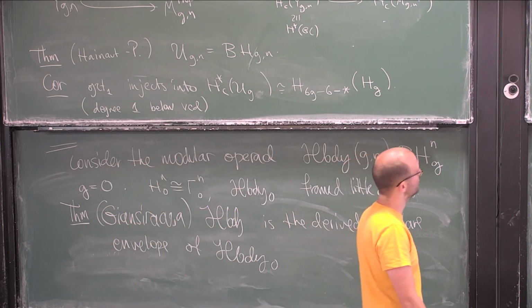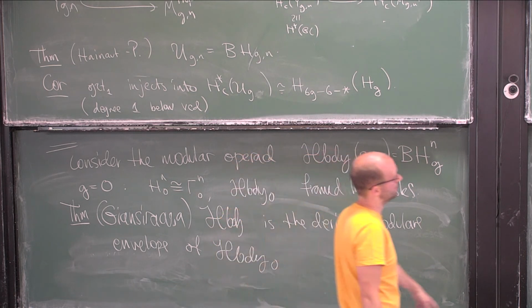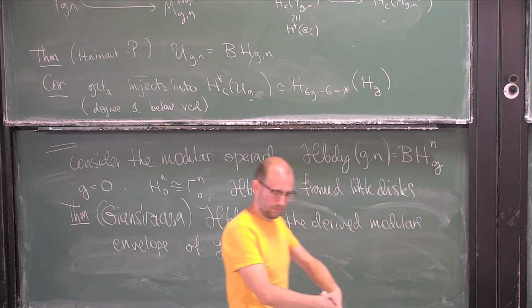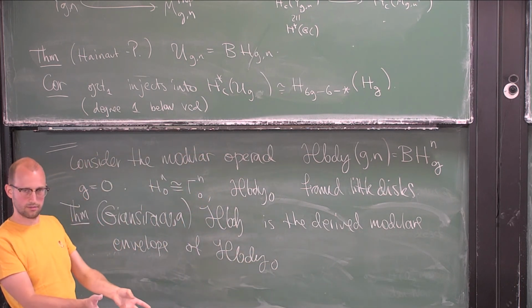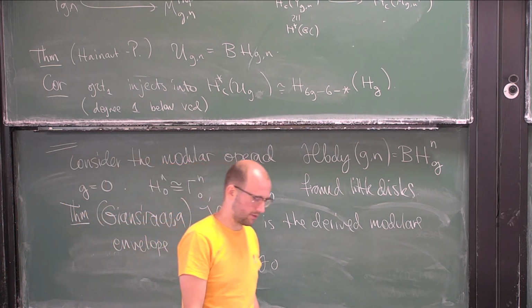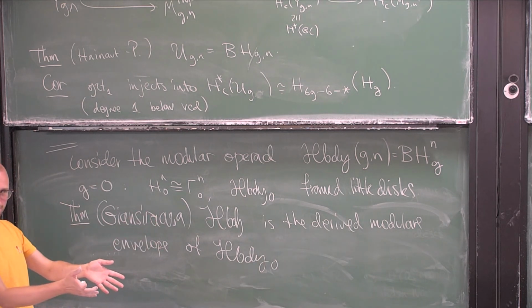So I get a canonical map from the modular envelope of the genus 0 part of this to this operad. Now I'm going to represent this space in terms of hyperbolic geometry. I look at the moduli space of hyperbolic surfaces with geodesic boundaries. To be precise, I want to consider that as a colored operad, where the space of colors is the interval from 0 to epsilon.